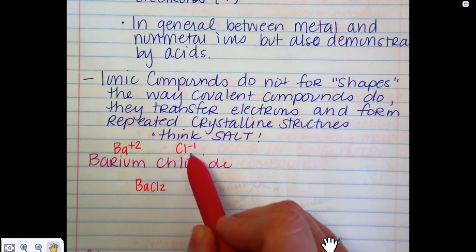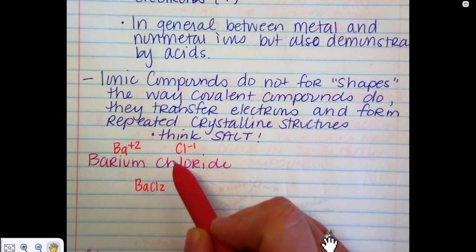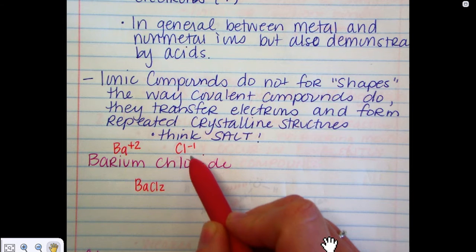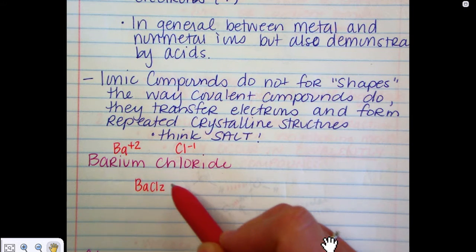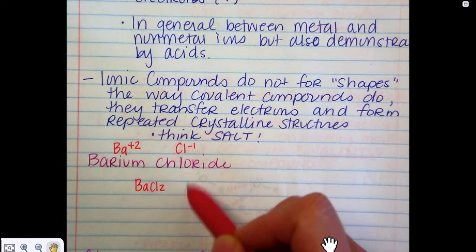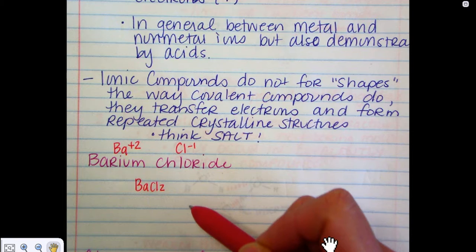We know that chlorine wants to gain an electron, so it'll be like argon. So how do these two help each other? Well, barium's like, sweet, you, chlorine, take an electron, and your other friend, chlorine, you take an electron, and now everyone's happy, and now I'm a positive ion, and you're a negative ion, and we stick together. That's essentially what's happening.